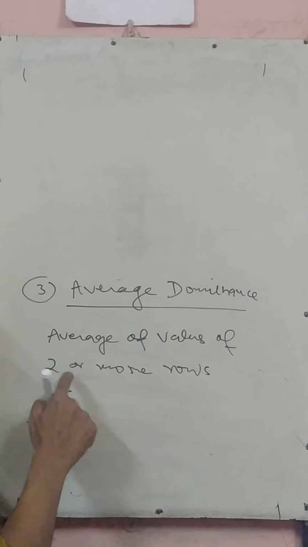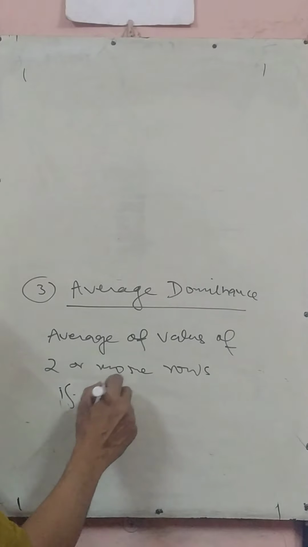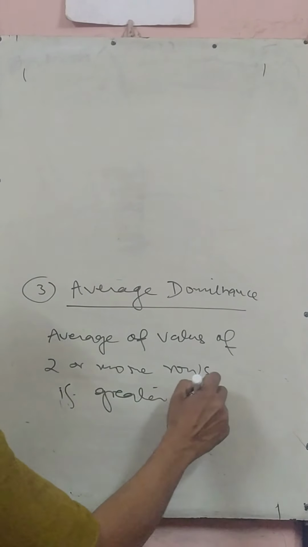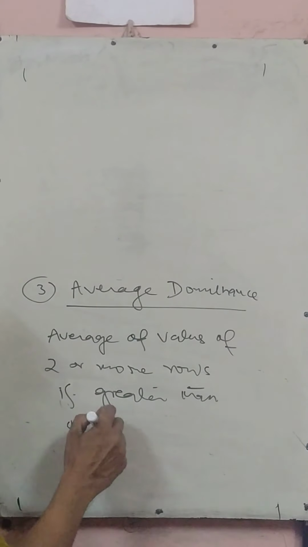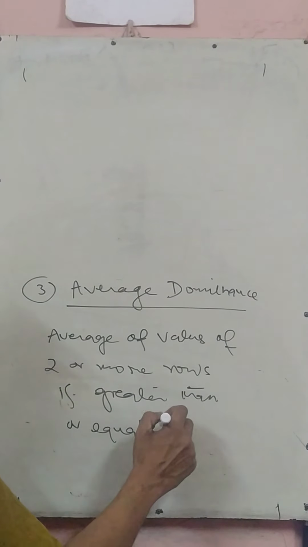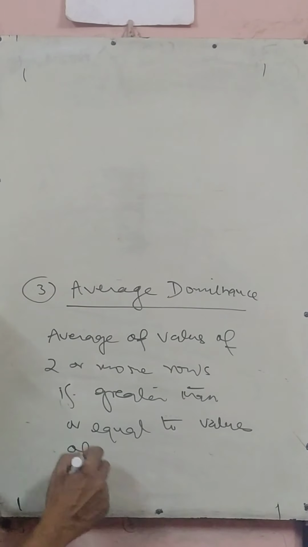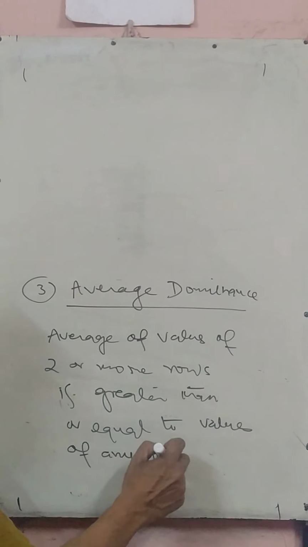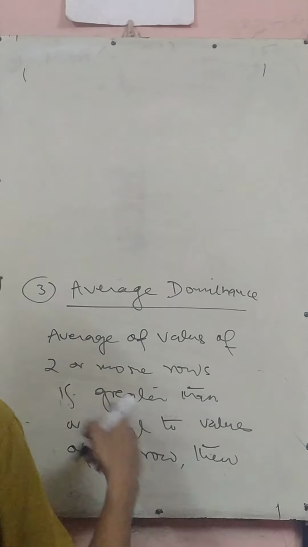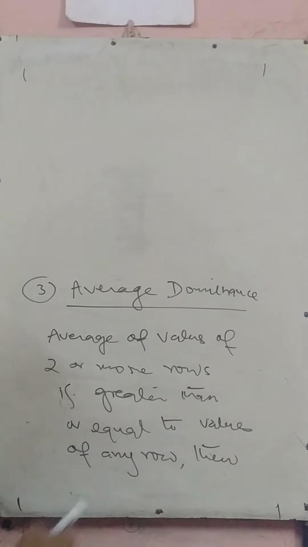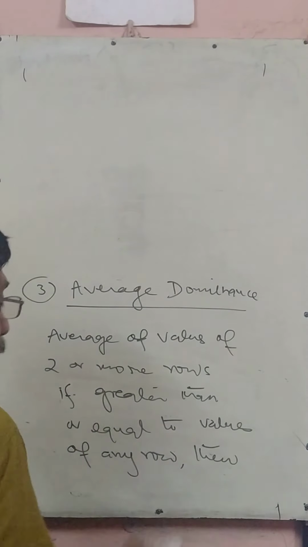If the average is greater than or equal to the values of any other row, then these rows whose values' average we have taken will dominate the latter row.